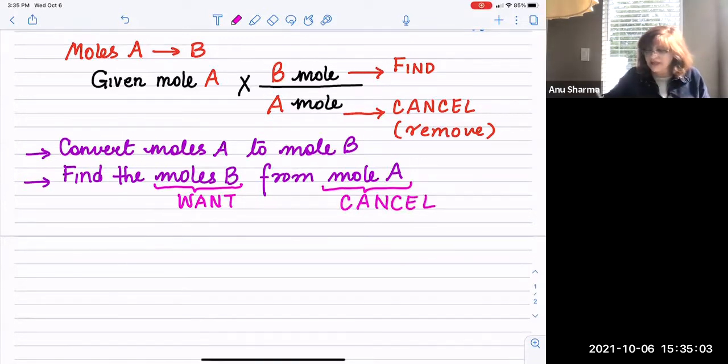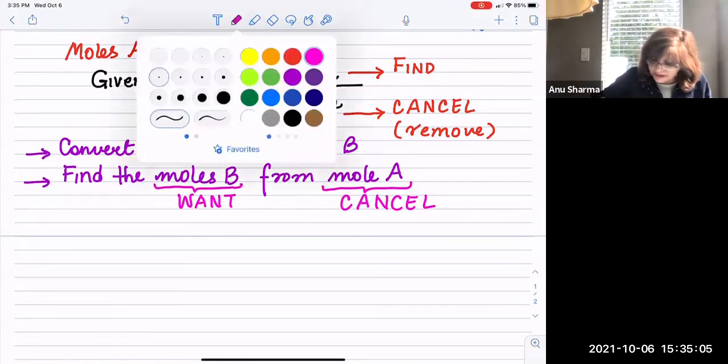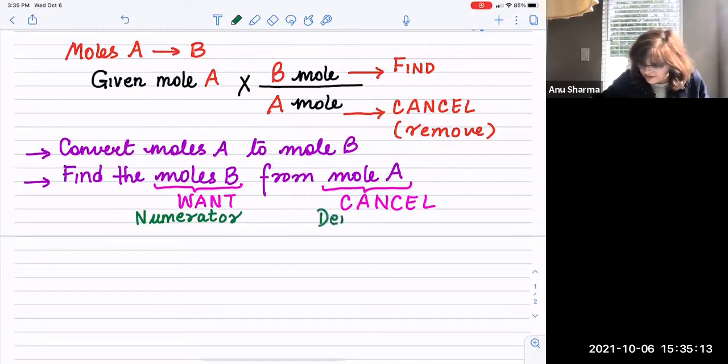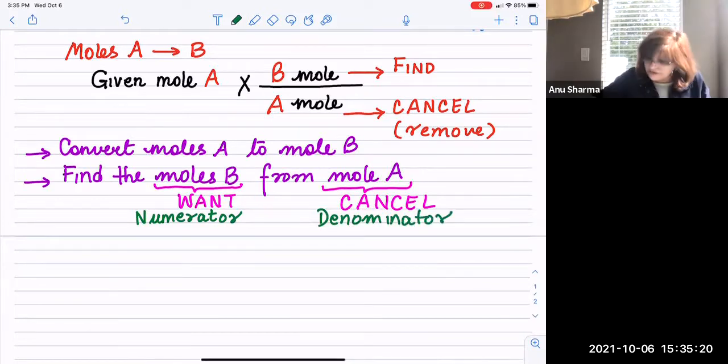Okay, so this piece is going to be in the numerator, and this piece is the denominator. So this is the moles that you want to remove or cancel.